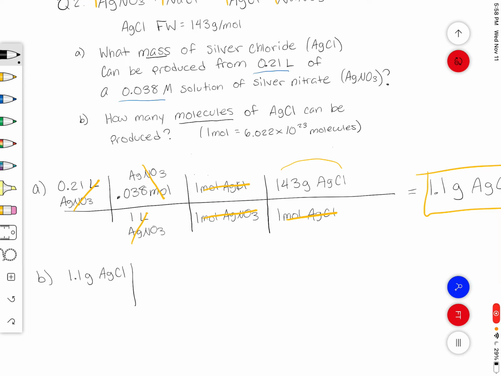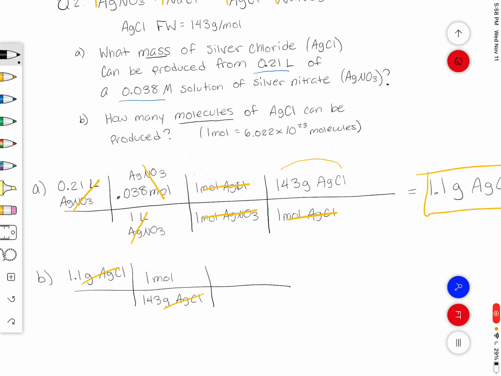So backtracking using our formula weight, we have 143 grams of AgCl is 1 mole of AgCl. So now we have our grams canceled back out, and we've gone backwards, essentially, back into the unit of moles.